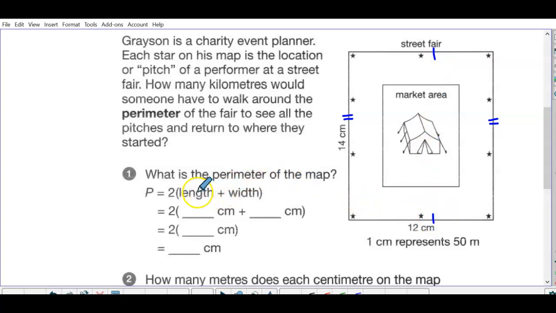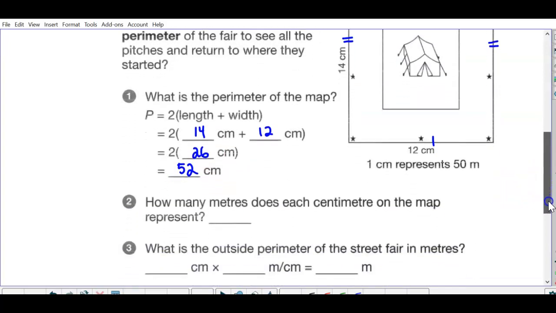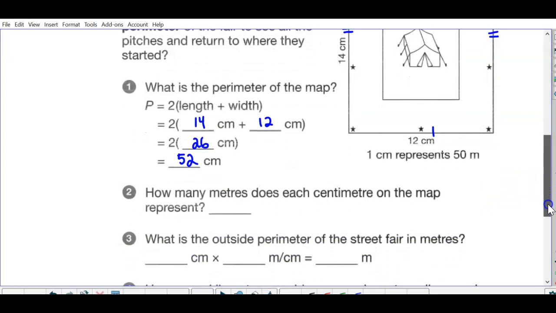So we have 2 times the length plus the width, or you can go 2 times the length plus 2 times the width, means the same thing. Length is 14, width is 12. If we add those together, that's 26. 2 times 26 is 52. Okay. So the perimeter on the map is 52 centimeters.